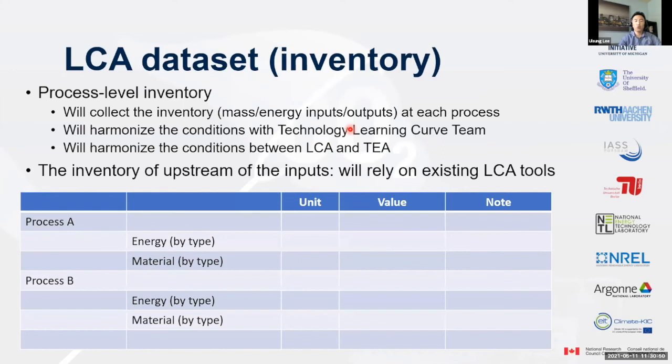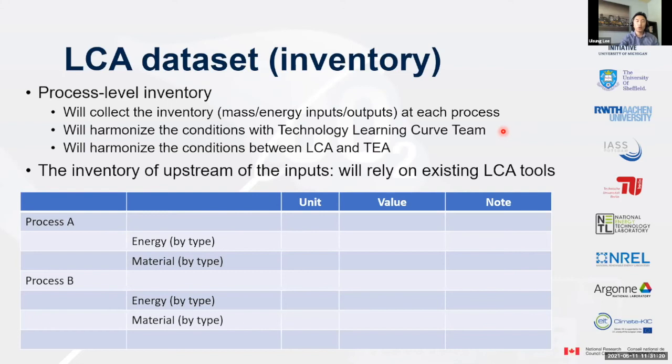So we are going to communicate with the TL, the technology learning curve team, to have the consistent data sets, and also because we want to harmonize the LCA and TEA, both TEA and LCA will use the same harmonized data sets. One of the important factors that we may potentially discuss is the TRL level and the available data sets or the quality of the data sets.